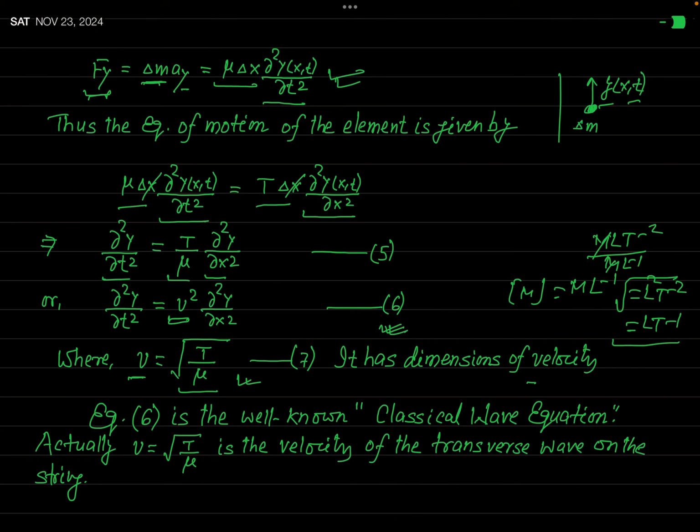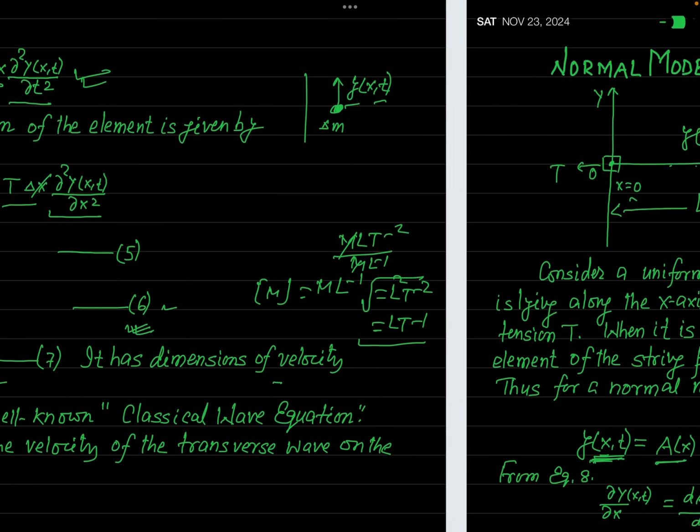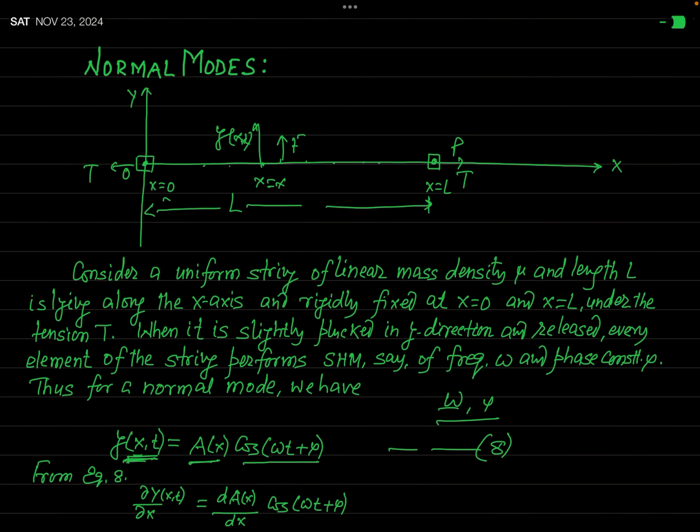Why are we doing such a calculation? Because you can see this equation 6 contains the second order partial derivative of y with respect to t and also with respect to x. So now let us try to find those two derivatives from this equation 8, which we have written for a particular mode of vibration.